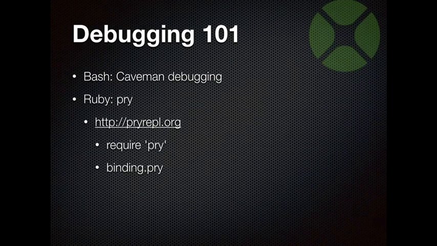I believe there's a similar thing that you can do in Python. I just don't know what it is off the top of my head. But in the end, caveman debugging, logging is super useful as well.